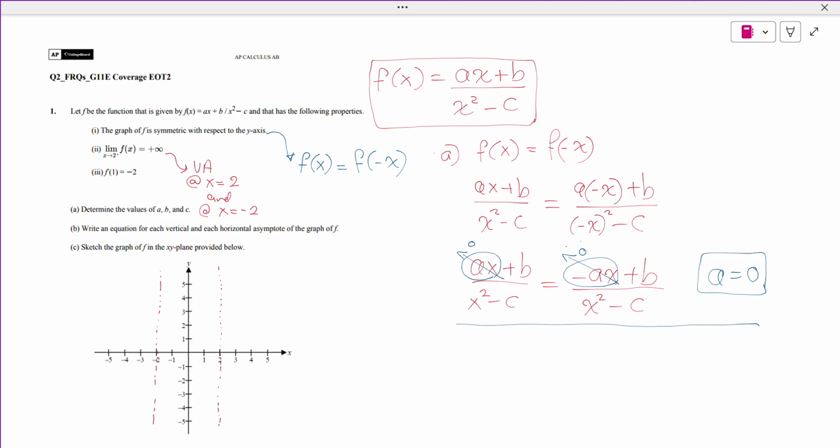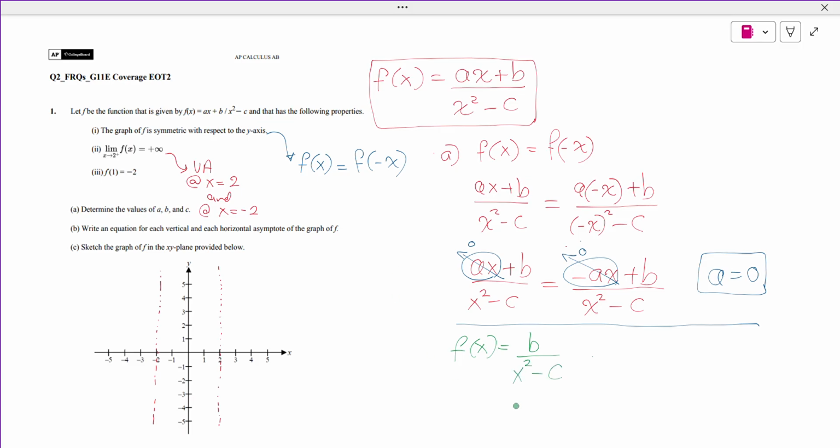Okay, so if we simplify the function now, the function is f of x equals, we said a is 0, that leaves us with b over x squared minus c.